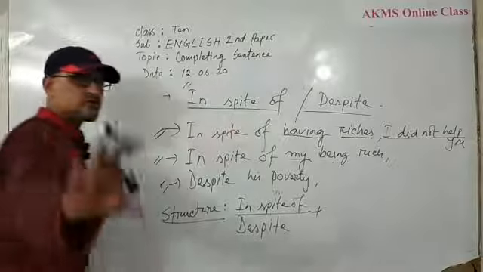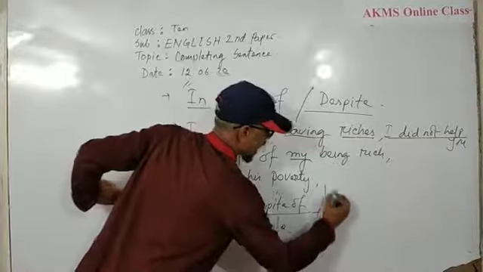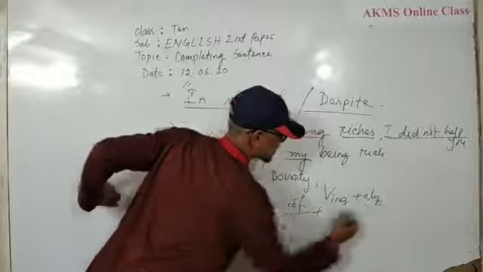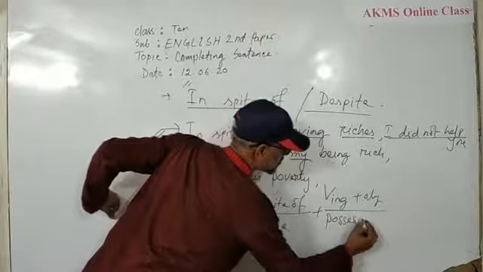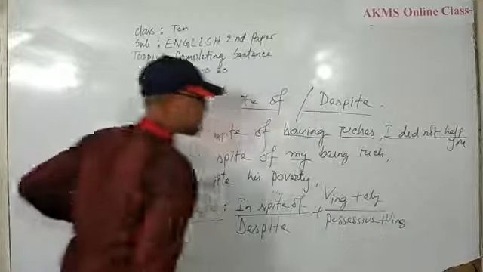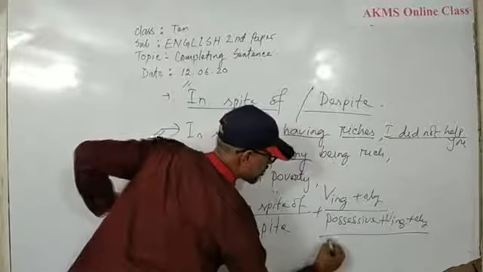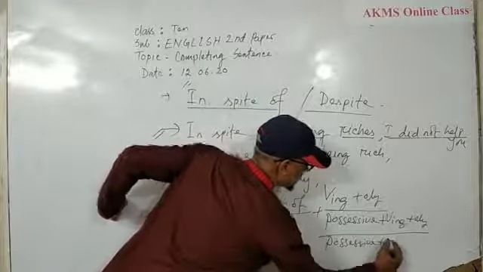Then three structures may be used as phrase: ing form of verb and object; possessive and ing form of verb and then object; or possessive and a noun.